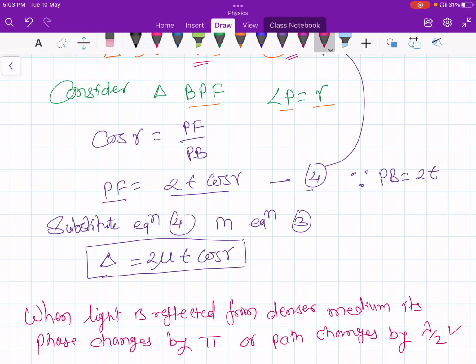So this concept we have to check: when light is reflected from the denser medium, its phase changes by pi, or its path changes by lambda by 2. We are talking here in terms of path difference. So we have to find out if there is any reflection from the denser medium.